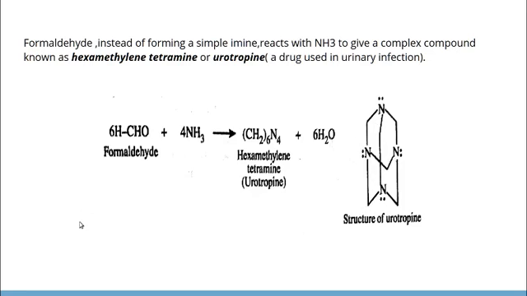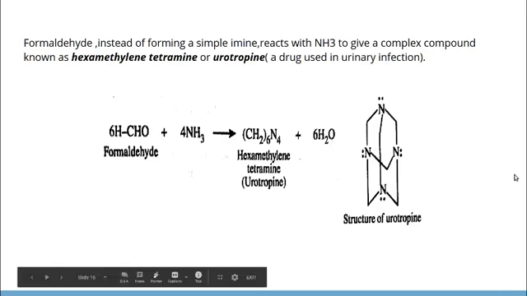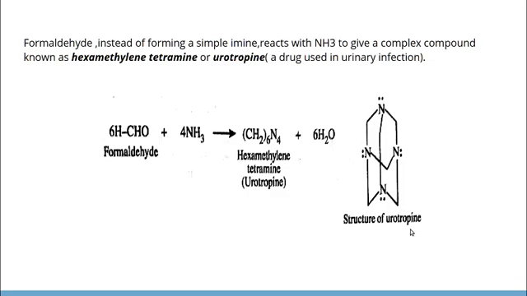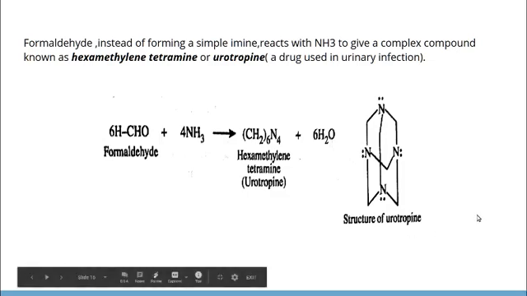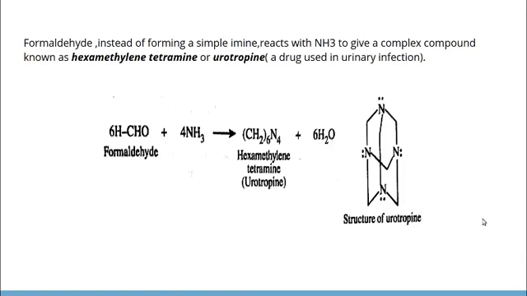So hexamethylenetetramine, 4 nitrogen atoms are here: 1, 2, 3, and 4. This is the structure of urotropin obtained by the condensation reaction of formaldehyde and ammonia. This is completely different from the reaction between other aldehydes and ammonia.